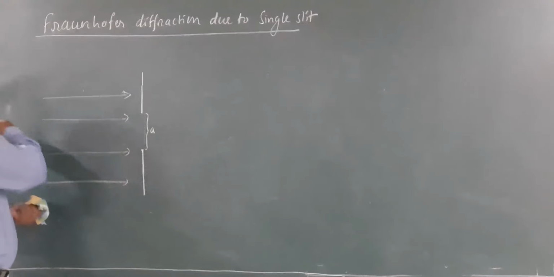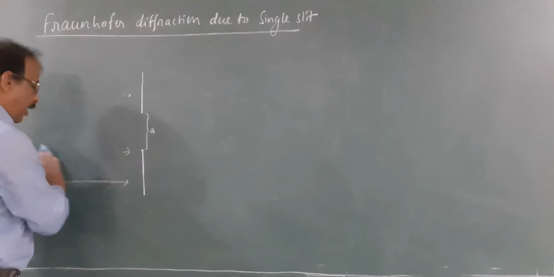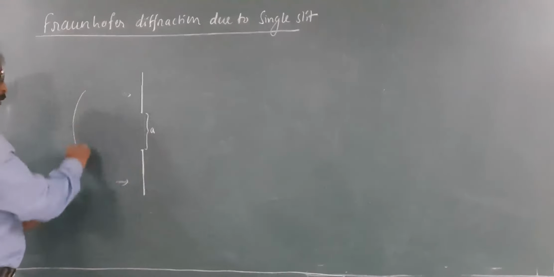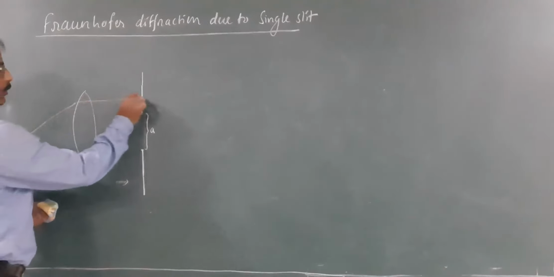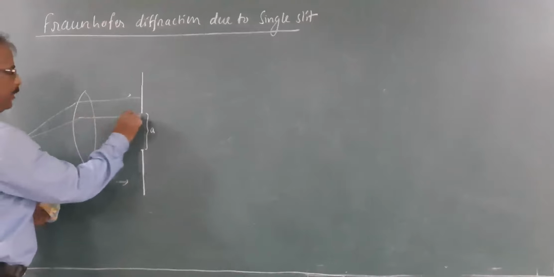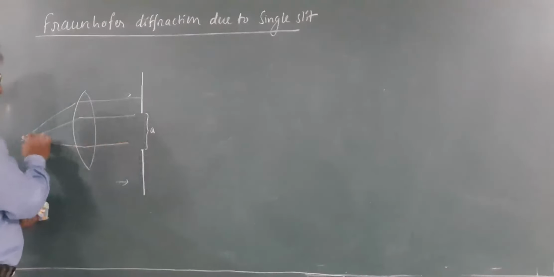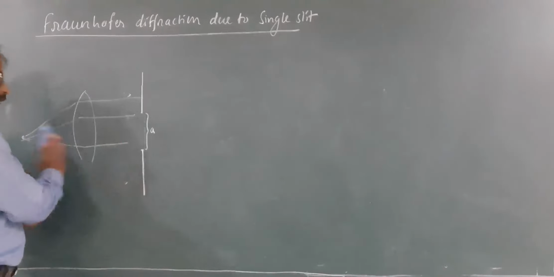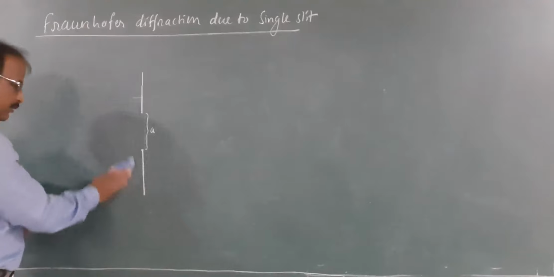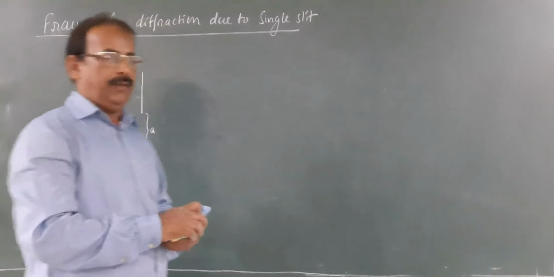You can take the source at infinite distance, or you can consider the source at the focus of the convex lens also. The wavefront that we get after the rays pass through this convex lens is the plane wavefront.